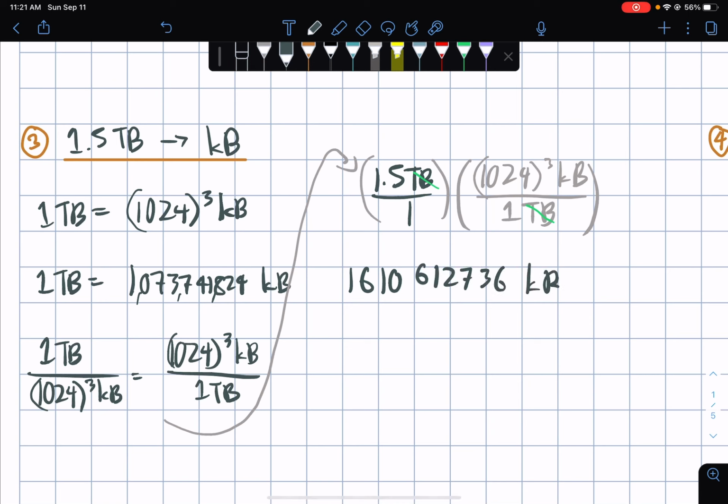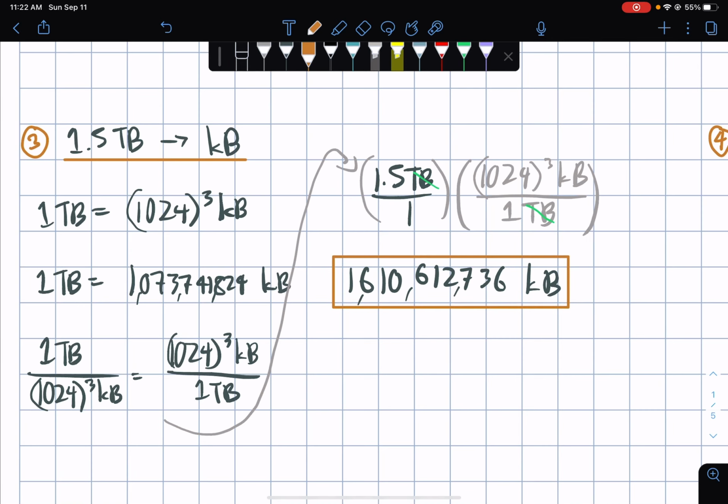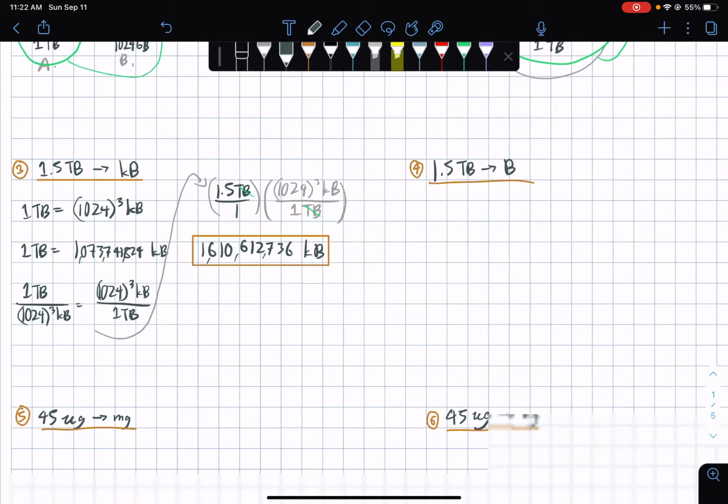Okay, I hope this isn't wrong. Please do check it on your own, just in case you're not comfortable with the answers stated here. But I can assure you that these are correct answers. So we get 1,610,612,736 kilobytes. It's in billions. That's the final answer.